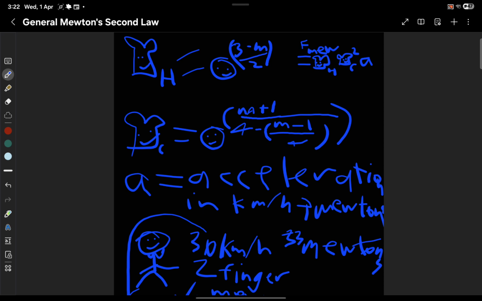And Toasty sub c, or Toasty sub charisma, equals smiley face to the power of m plus 1 over 4 minus m minus 1 over 4. Easy. And a is acceleration, but in kilometers an hour, so that we can convert it directly into Mewtons. Easy.